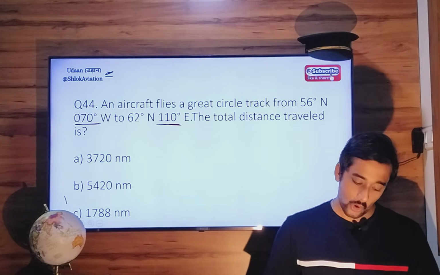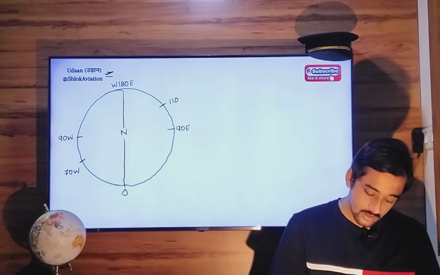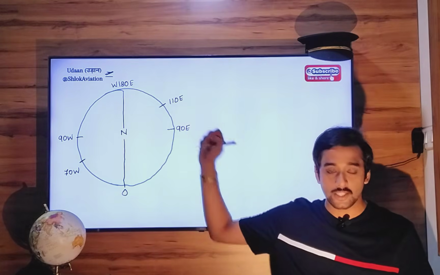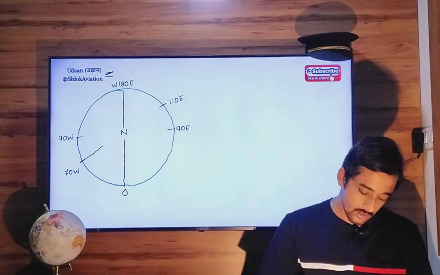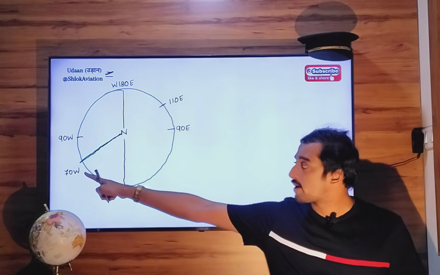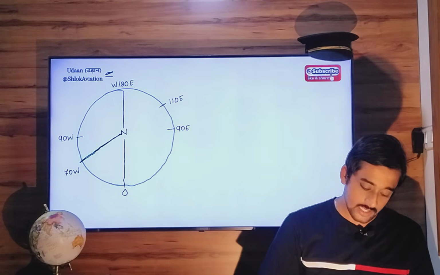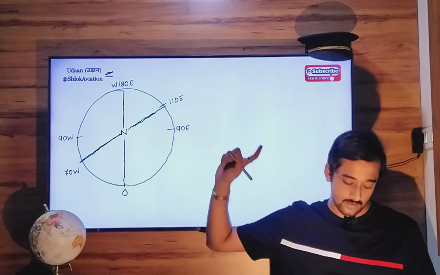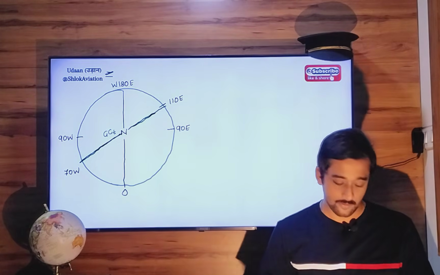Point A. Point B, 110° east will be somewhere here. So you can see both are directly opposite to each other. So the great circle track will look something like this. You will fly towards the North Pole. This is your departure point. You will start flying in a northerly direction, cross the North Pole, and then start flying in a southerly direction towards your destination. So this is your great circle track.